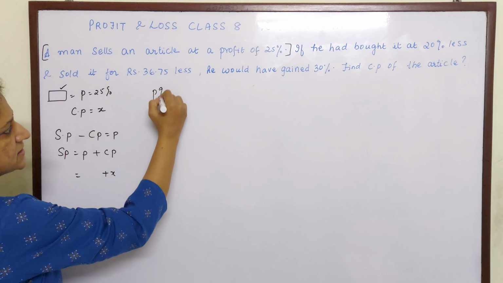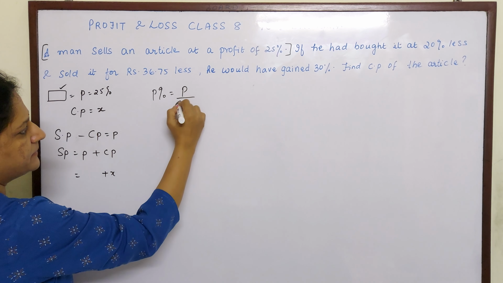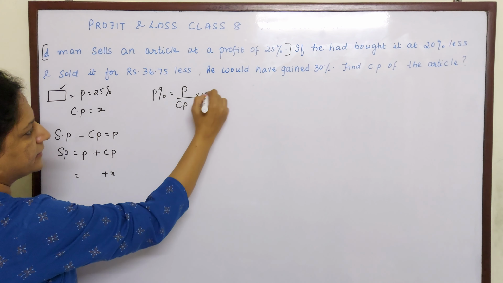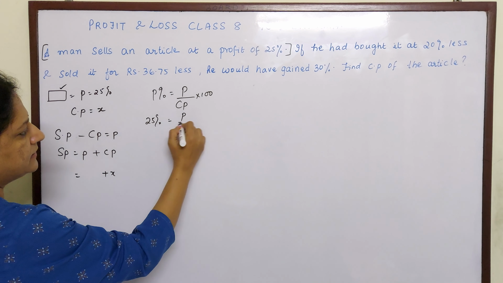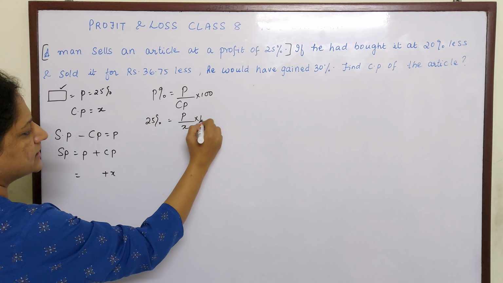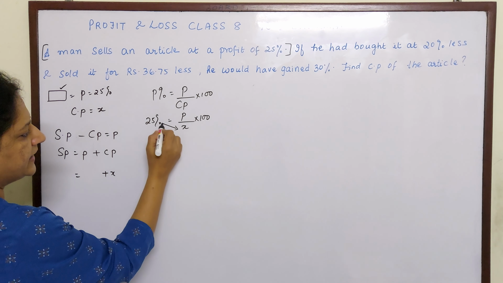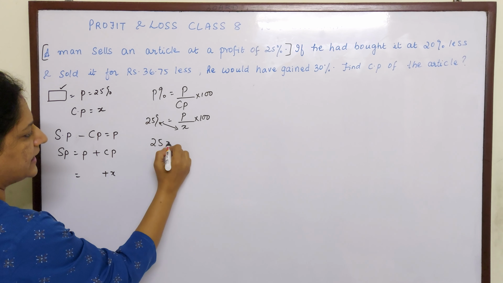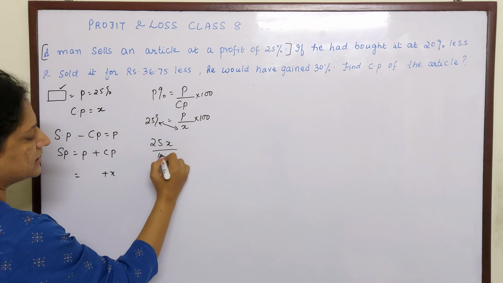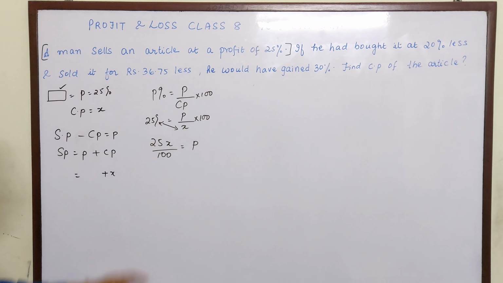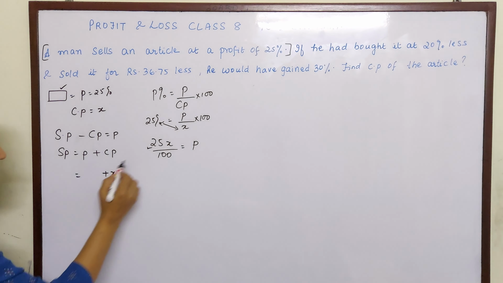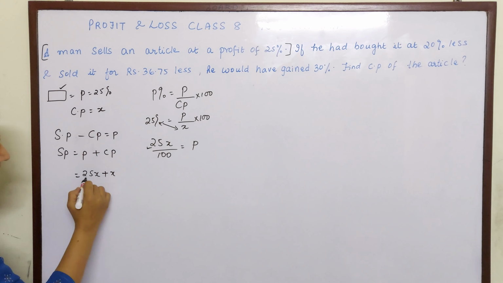So profit percentage is equal to P by CP into 100. What is profit percentage? 25. We don't know P. We have taken CP as X, into 100. So if I take X here, it will become 25x, and 100 when it comes here, it will be in the denominator. So this is our profit. So I will just substitute the value of profit here.